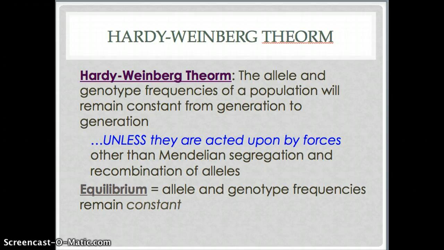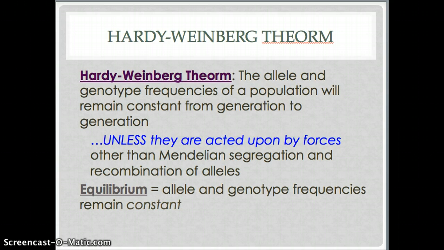Unless other factors act, the genetic frequency, genotype, and allele frequencies would be the same. But there's an exception: other than Mendelian segregation and recombination of alleles. So just keep in mind the theorem has its limitations.